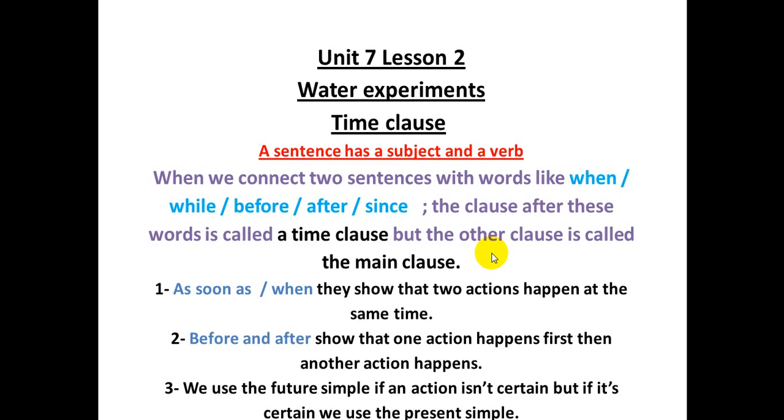The present symbol is verbs like go, goes, study, studies, play, plays, eat, eats, doesn't go, doesn't play, don't study, don't come. These are examples of the present simple tense.